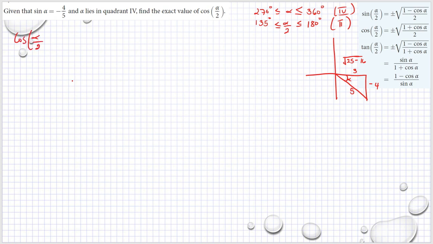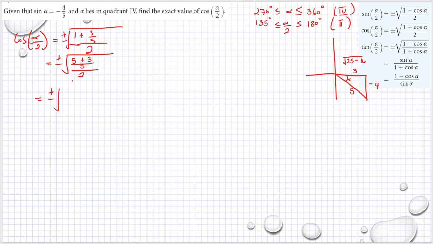Cosine alpha over 2 is equal to plus minus the square root of (1 plus cosine alpha) over 2. That means 1 plus 3 over 5, over 2. So we have plus minus the square root of, if we expand the 1, 5 plus 3 over 5, over 2.